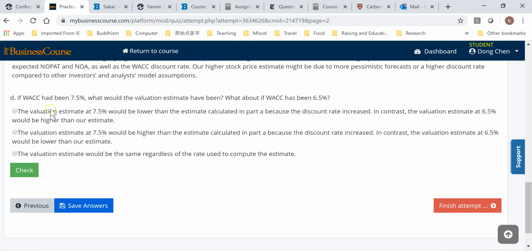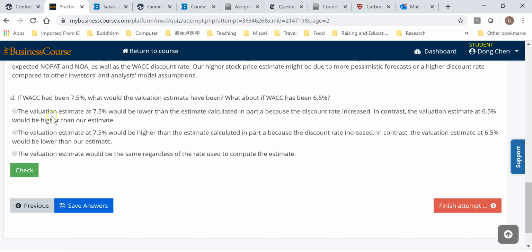So part D, if WACC had been 7.5%. Currently WACC is 7%. 7.5% is slightly higher, and the higher the WACC, the lower the value, right? So what would the valuation estimate have been? What if WACC had been 6.5%? Then the value would be higher. So we just look for the answers which match our analysis.